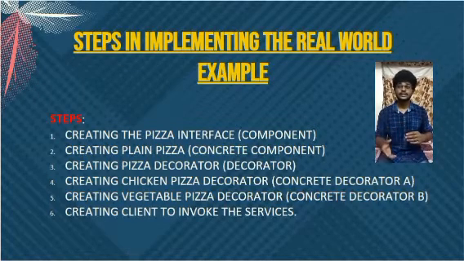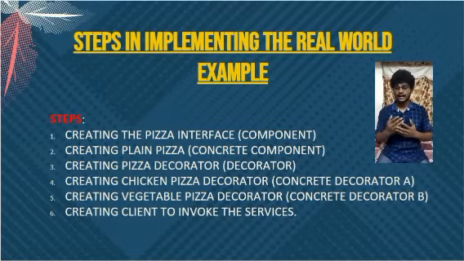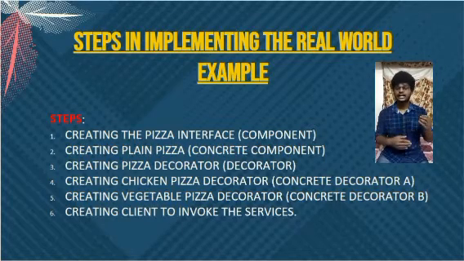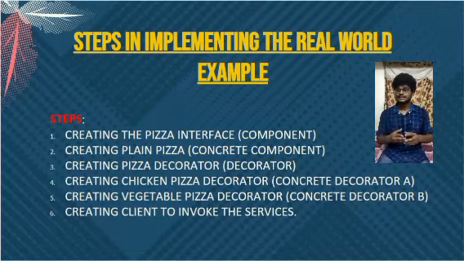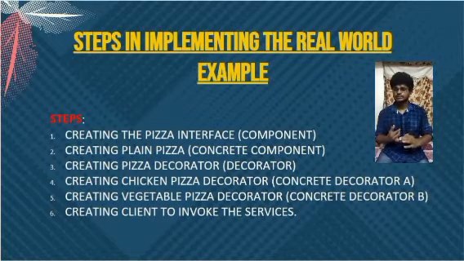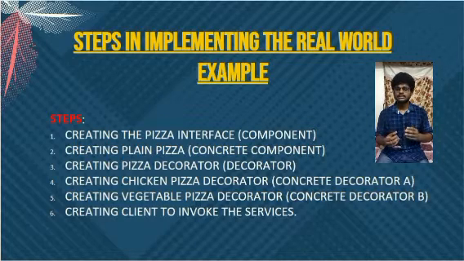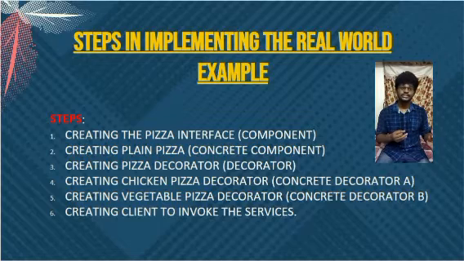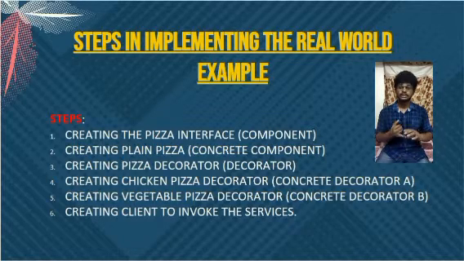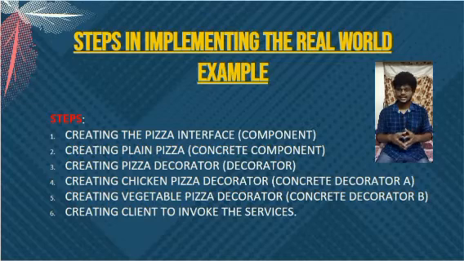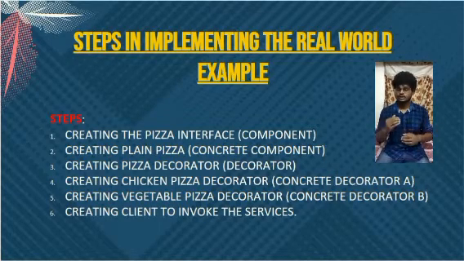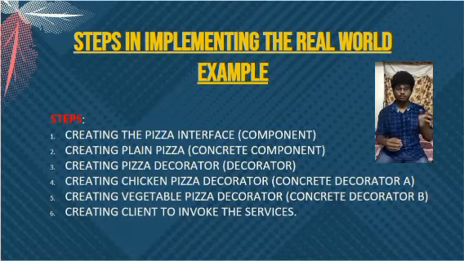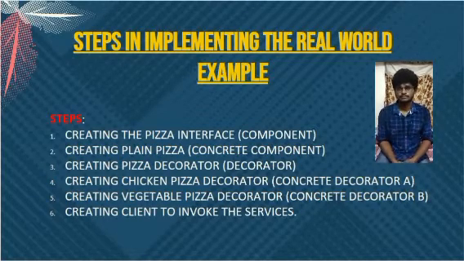This class is inherited from the pizza decorator abstract class, and it overrides the make pizza method. What this method will do is add chicken or vegetable to plain pizza and return chicken pizza and vegetable pizza based on the chicken pizza decorator and vegetable pizza decorator respectively. Step 5, which is creating the client. The main method will create the necessary objects and invoke the services based on the object behavior at runtime.